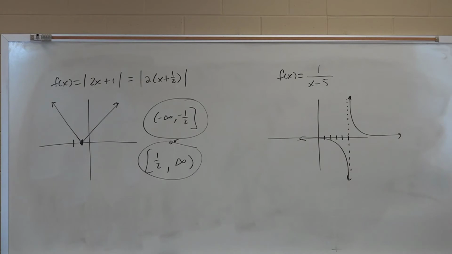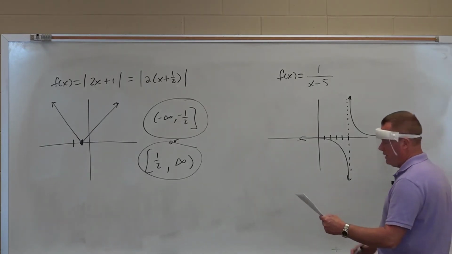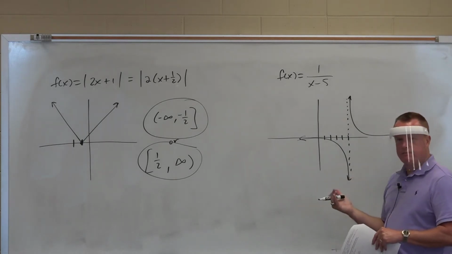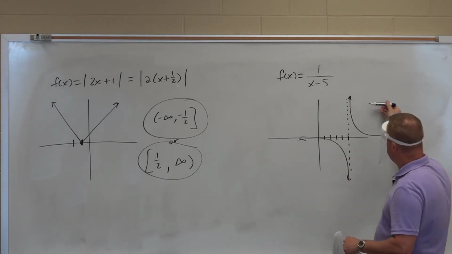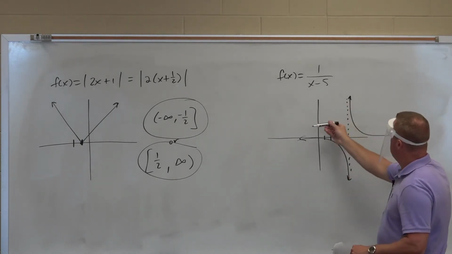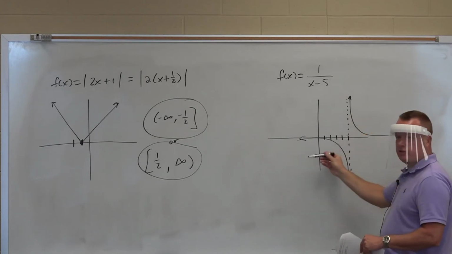Okay, if I follow that. So where does that have an inverse? It is 1-to-1 everywhere. If you do a horizontal line test, it's going to work everywhere on this graph.